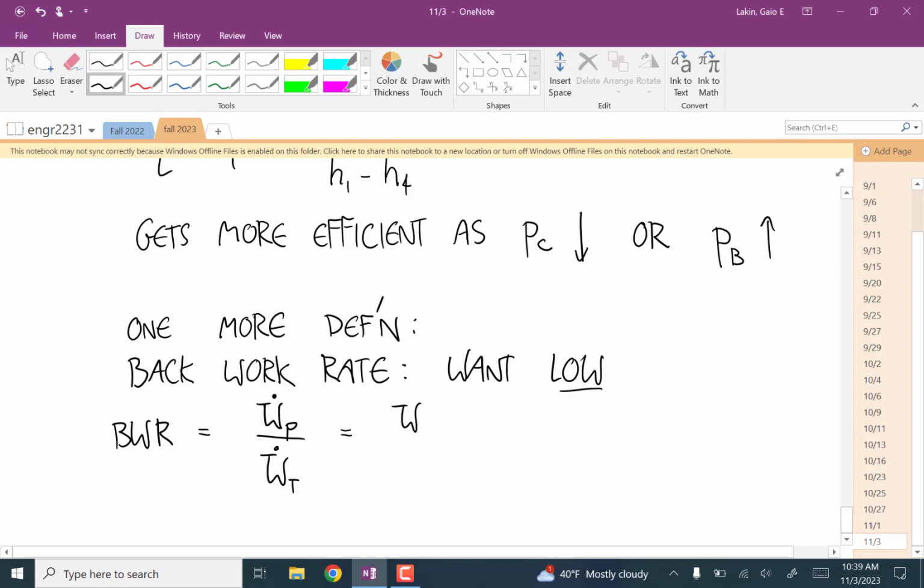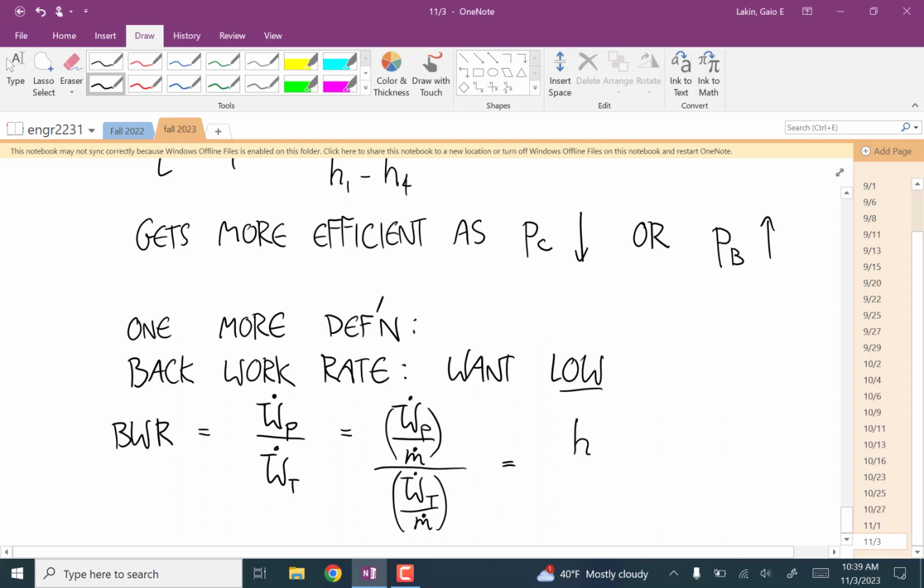And so this is equal to this, this little trick we're going to do all the time. Now you can go back to the definitions of W dot sub P over M dot and W dot sub T over M dot.